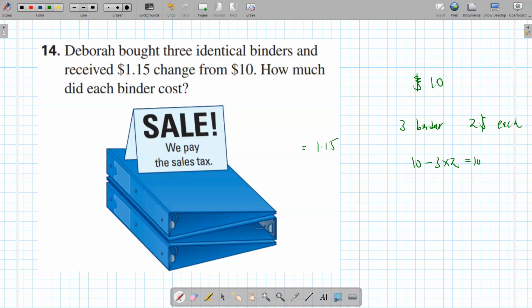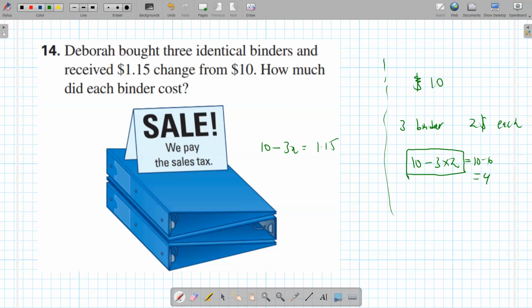So that will be 10 minus 6. So you'd have $4 left. So look, what would be the equation in terms of X? 10 minus 3X. Yeah, there we go. Okay, that was hard.